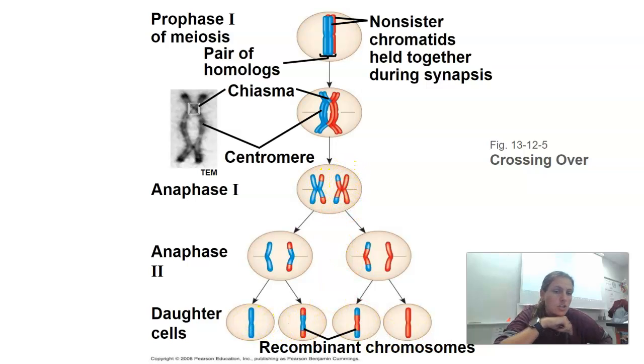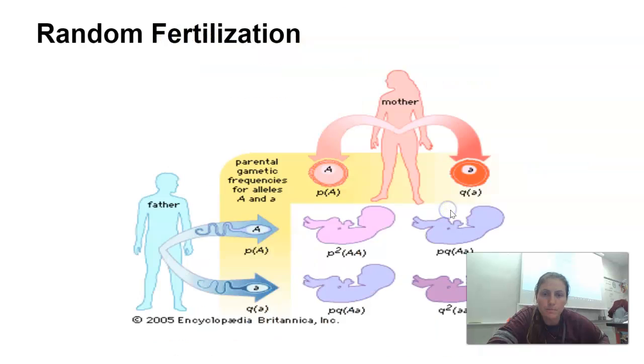Okay, so as you see in your gametes, each of them is genetically unique. And that crossing over can occur anywhere on that chromosome. And that's happening in every single pair. All 23 pairs are getting crossed over and exchanging genetic information.